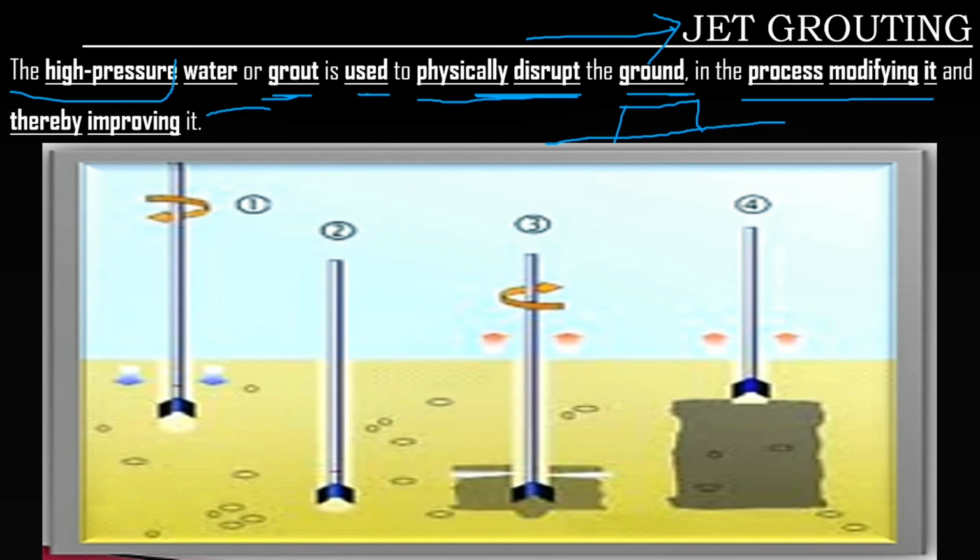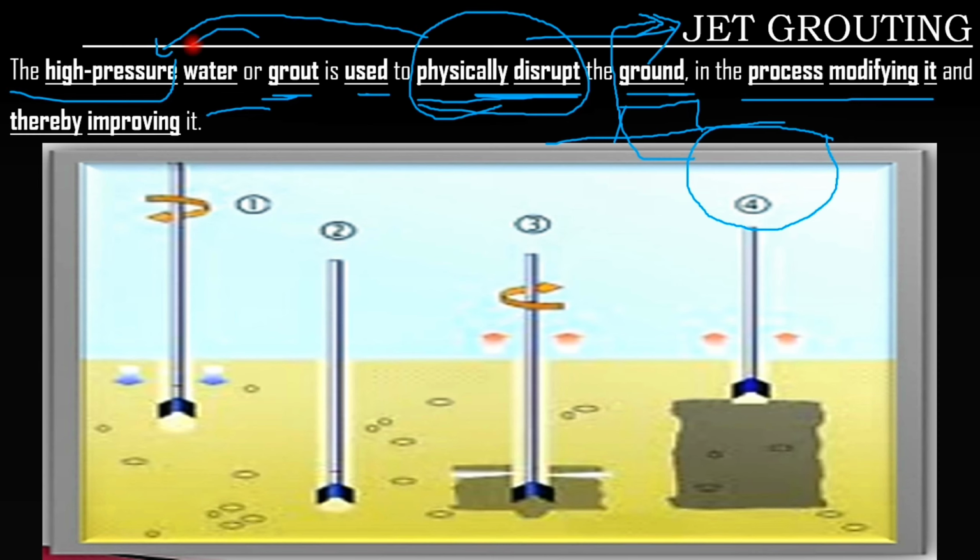So I think that I should entirely change my soil characteristics and then provide strengthening. To fulfill that type of need, I choose jet grouting. Why jet grouting? Because jet grouting has the tendency to physically disturb the entire ground with high pressure water or grout, and then I can modify it and improve it.